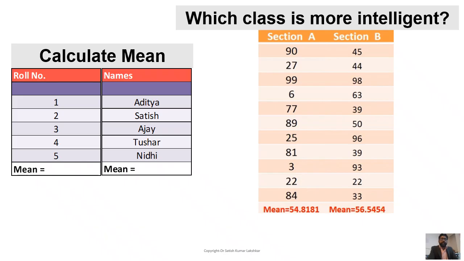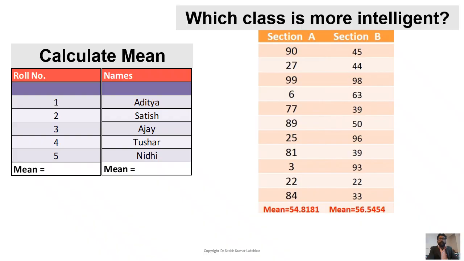And if we look at the table on the right side, we can see there are two sections, section A and section B, and these are the marks of some students of both sections. Now we are supposed to find out which class is more intelligent. How will we do this?